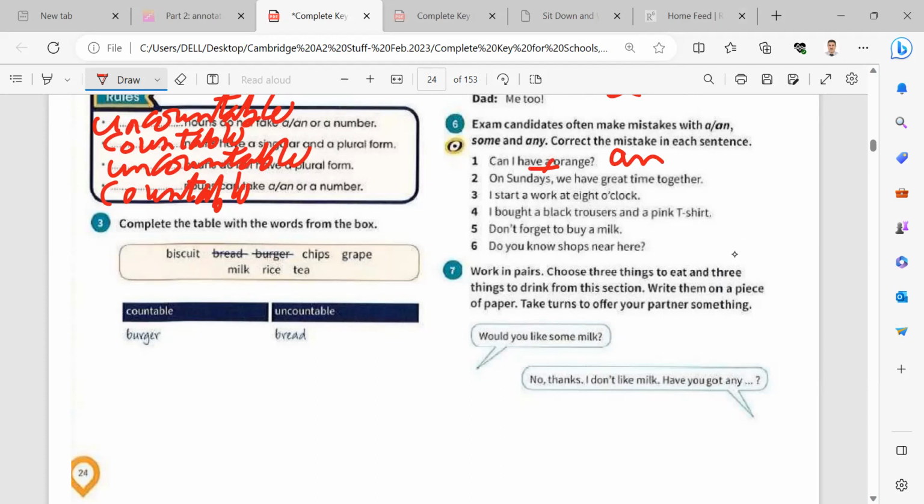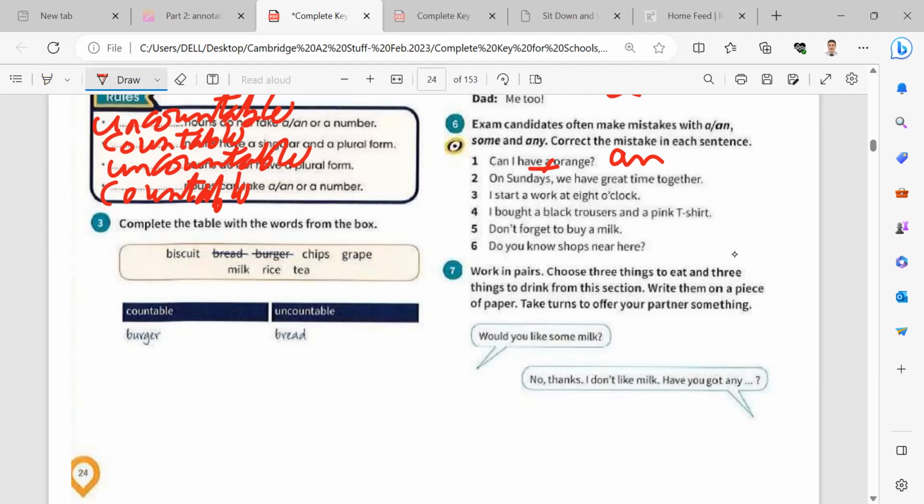Number 2. On Sundays, we have great time together. Why wrong? Because it's a day. We can put s, on Sundays. Yes, you can say it on Sundays.